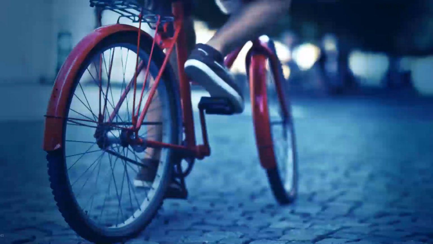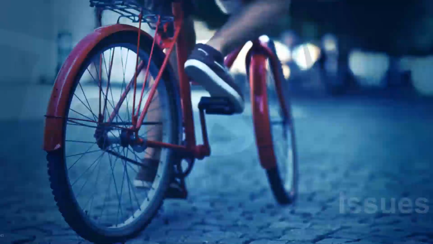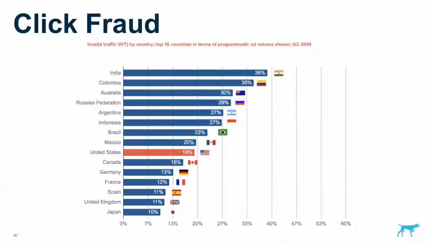Some of the issues across GDN, and I alluded to it before, are the fake clicks on ads. Click fraud is actually quite a significant problem in Australia. We're actually the third highest in the world for invalid traffic. This is from a study last year by Pixalate.